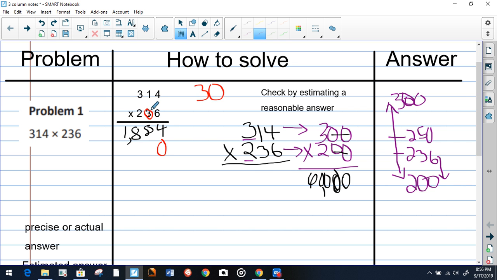So 3 times 4 equals 12. You carry 1 over to the tens, which means the number next to the 4. 3 times 1 equals 3 plus 1 equals 4. So that goes right under the hundreds. So I multiplied this already. So now it's going to be 3 times 3 equals 9. 9,000.